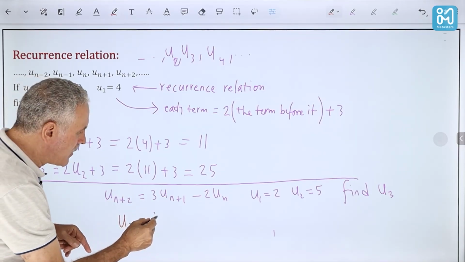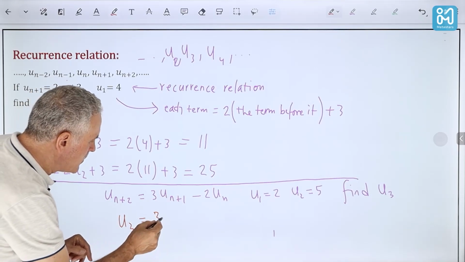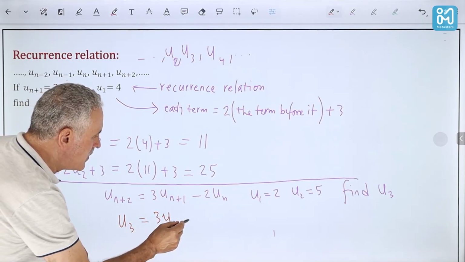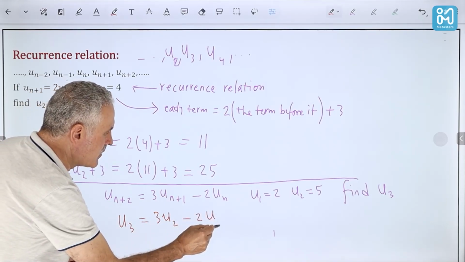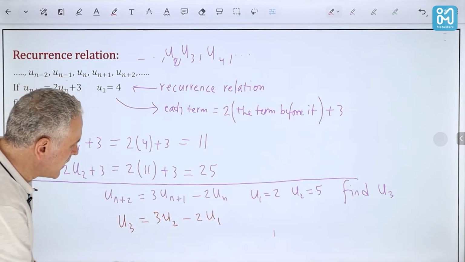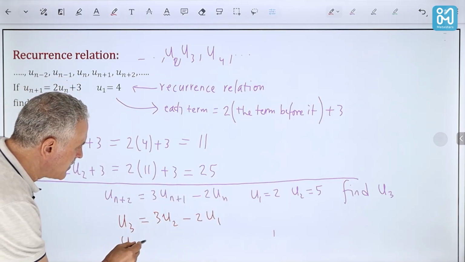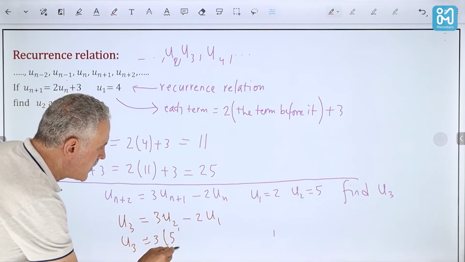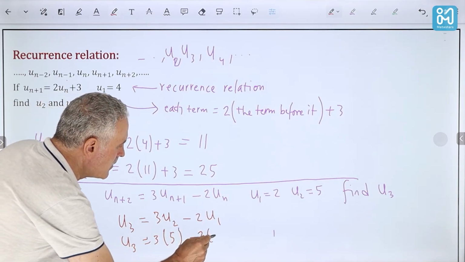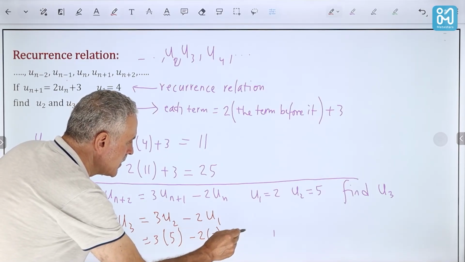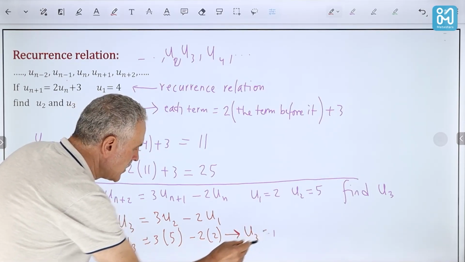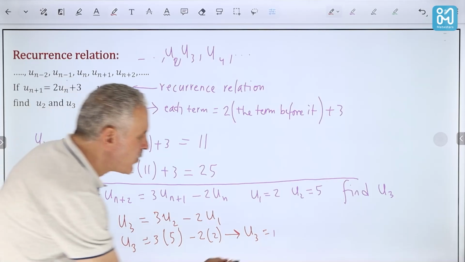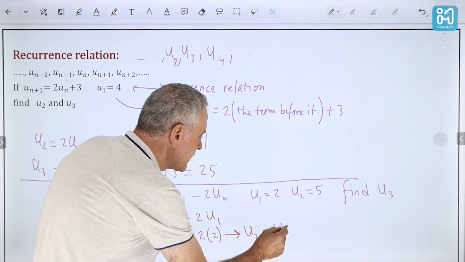Replace every n by 1. 1 plus 1 is 2, so 3 times u of 2 minus 2 times u of 1. And we know u2 and u1. So u3, the third term, is equal to 3 times 5 minus 2 times 2. So u3 is equal to 15 minus 4, which is 11.